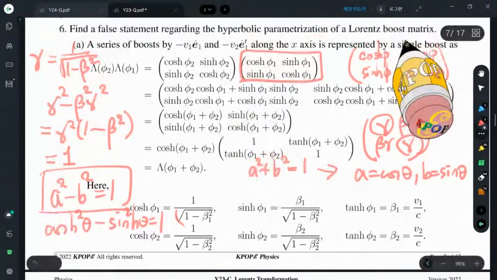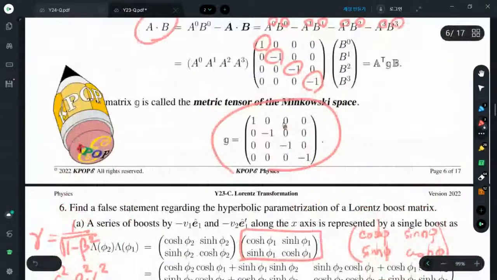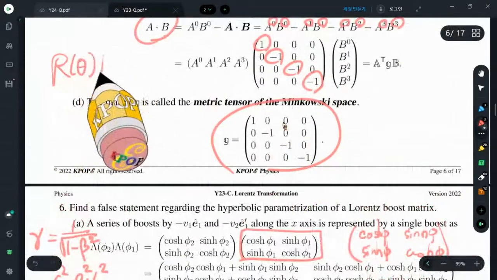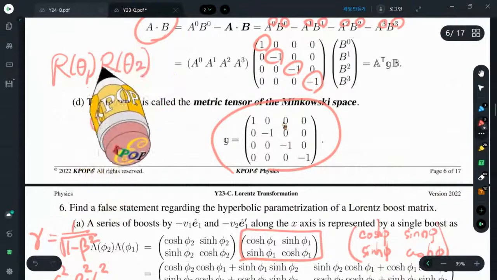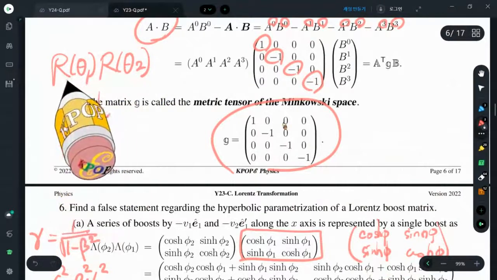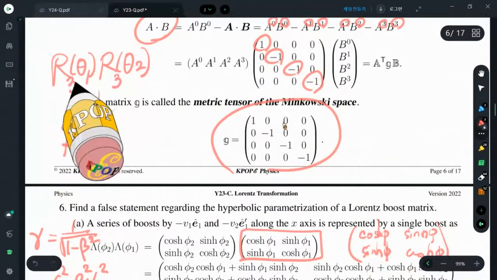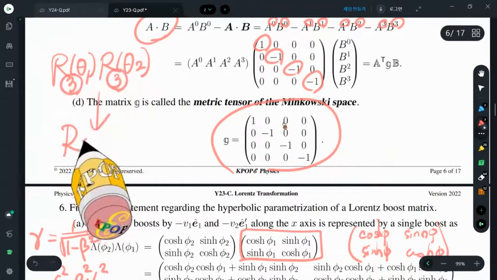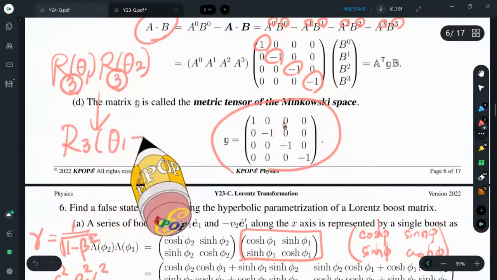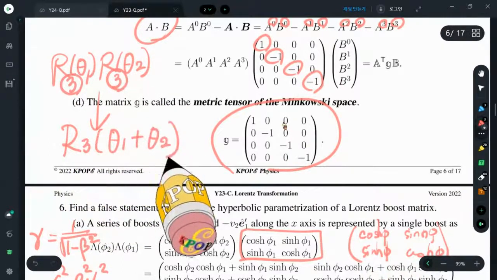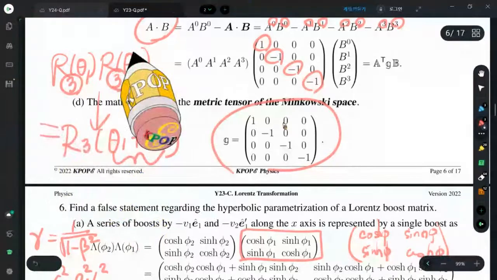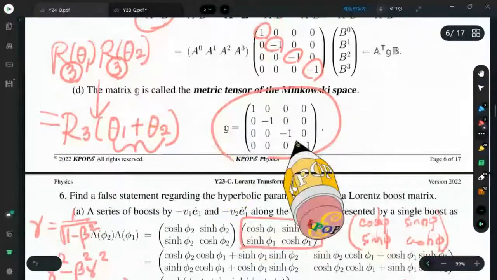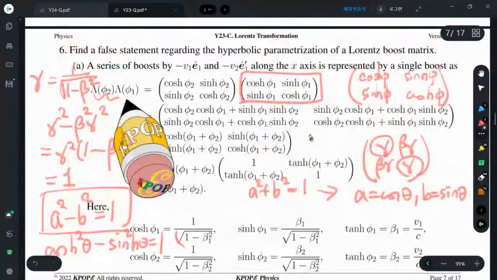Just like what we have done with the rotation matrix, rotation by angle theta 1 and angle theta 2 with respect to a single z-axis, you learn that what you have to do is just add the two parameters, the angles, directly. And this is also true in the boost matrix.